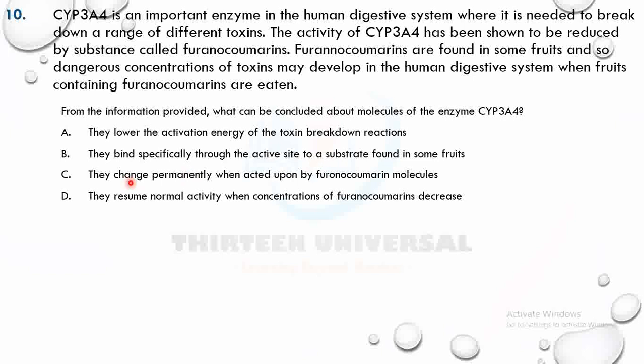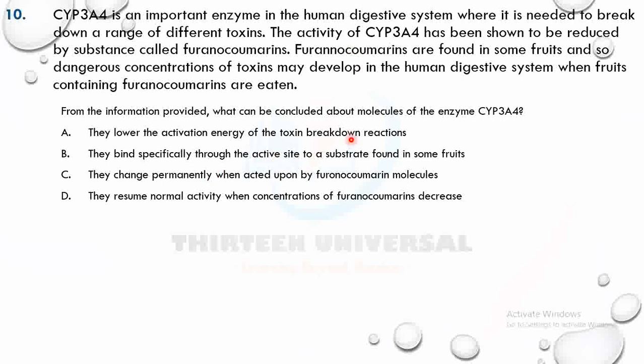Now C says they change permanently when acted upon by furanocoumarin. So we are not told whether furanocoumarin is irreversible, competitive or non-competitive. Competitive inhibitors are usually reversible, but non-competitive ones are not. We are not given a clue to that.